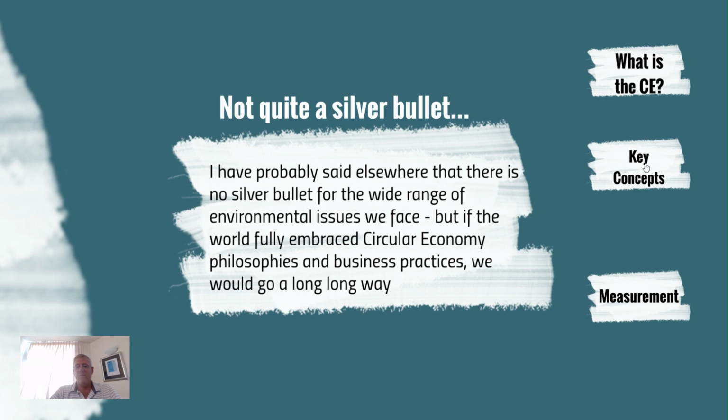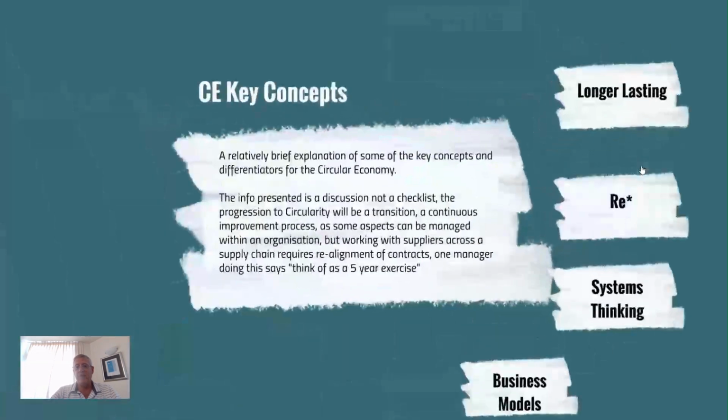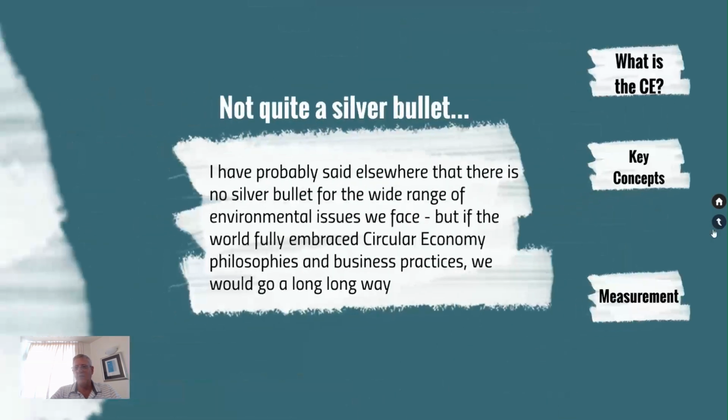So in here, I've put some of my learnings around my grouping and description of the circular economy, and rethink, reuse, remanufacture, all those good things, systems thinking, business models, what does it look like, and how do we measure it? That's quite an interesting topic for me. How do you actually measure the degree of circularity? There are people out there working on that, and some commercial approaches to it.